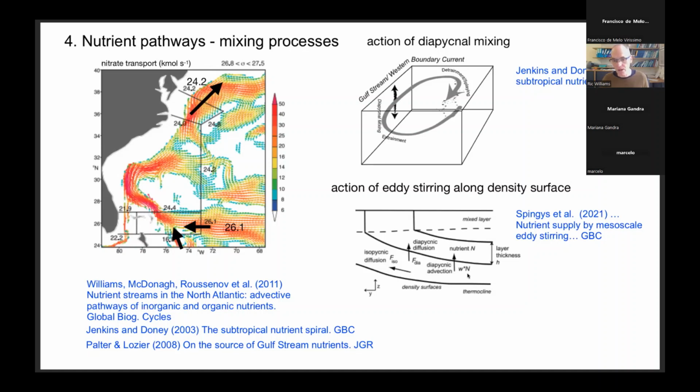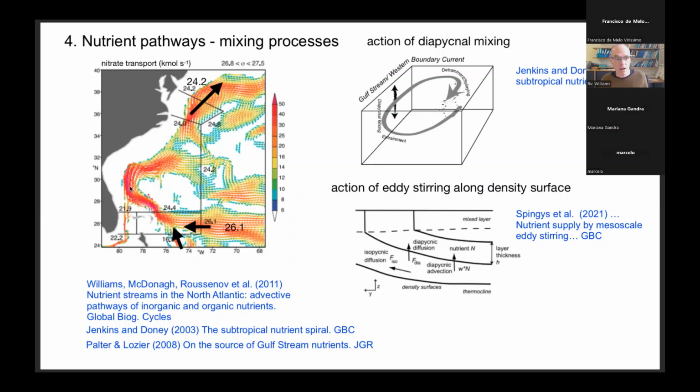So an alternative view I've been exploring with Carl Spinges and Alberto Navarro Garabato is that there can also be eddies, mesoscale eddies can stir properties along density surfaces. And we did a field study over the Mid-Atlantic Ridge to show that this isopycnic stirring could be an important process.